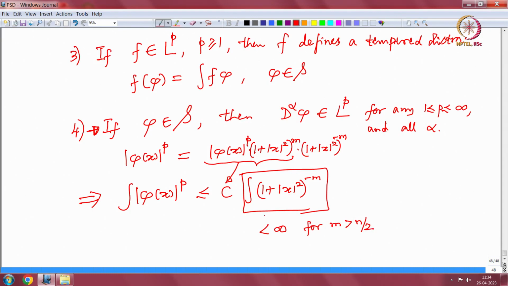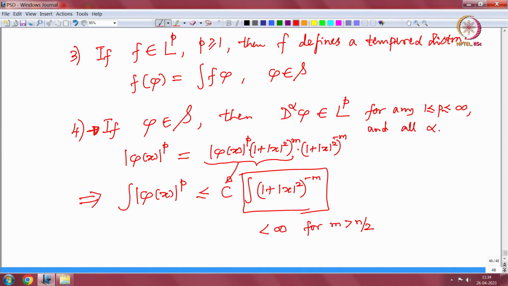If you have not done it, do it, it is a nice exercise. First you do it for n equal to 1, and then for general n you use spherical coordinates. So, this is an interesting situation. All the functions in S are in LP space.